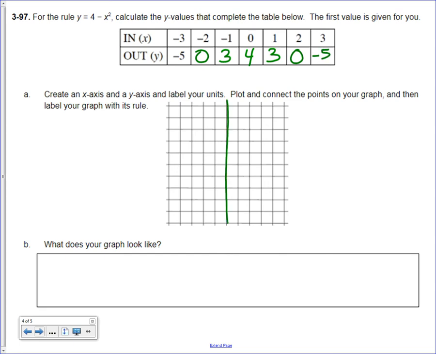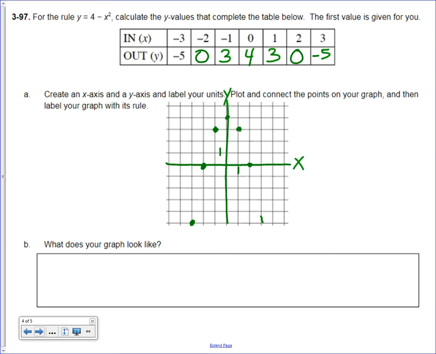So I'm going to make a complete graph. I'm going to have x, y. I'm going to count by ones for both. So negative 3, 2, 3. It's right here. Negative 2, 0. Negative 1, 3. 0, 4. 1, 3. 2, 0.